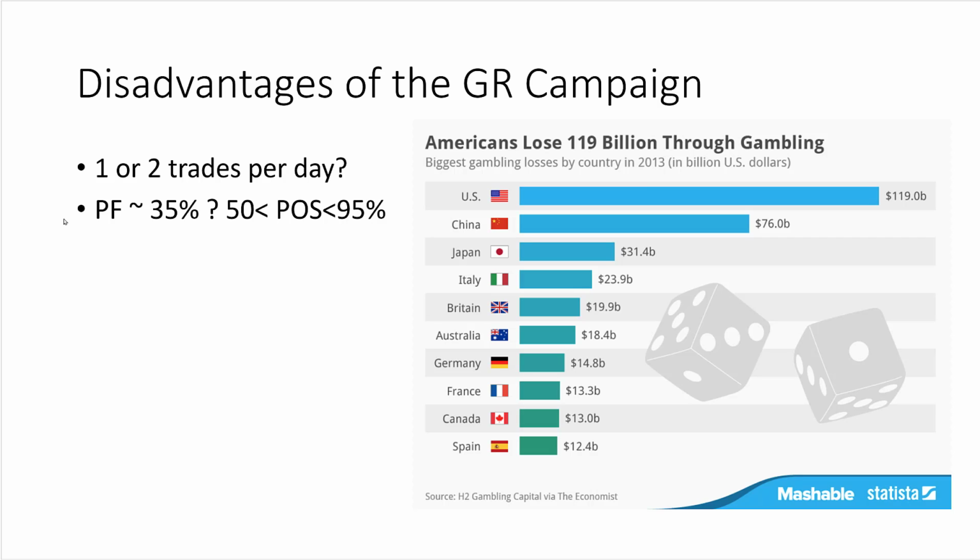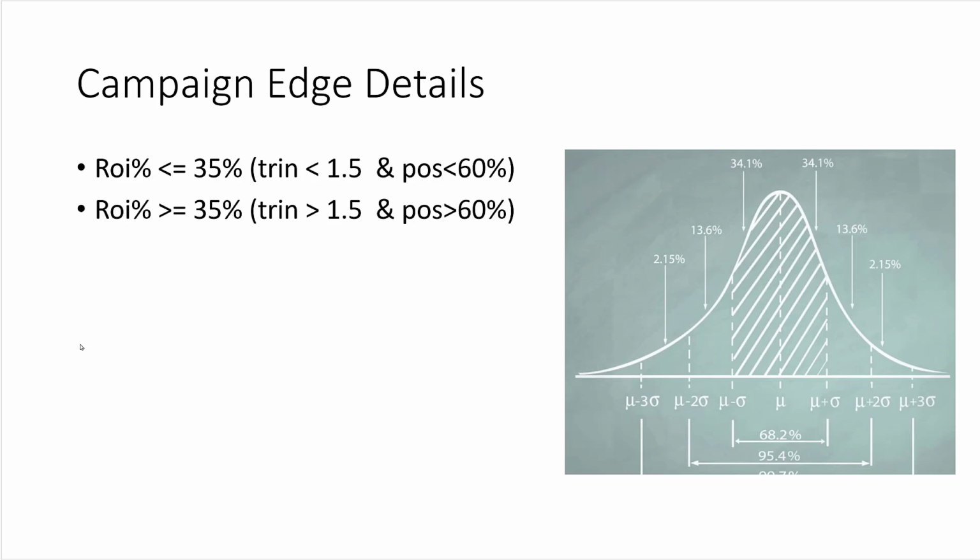Another disadvantage is that the profit factor is quite low. It's like 35%. But that 35% acceptance actually increases the probability of success by almost 2 times. So there's a bit of a trade-off. And I'm going to talk about other opportunities where you can increase the profit factor greater than 35% in the next 2 slides.